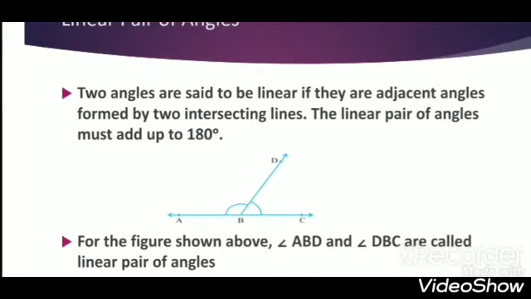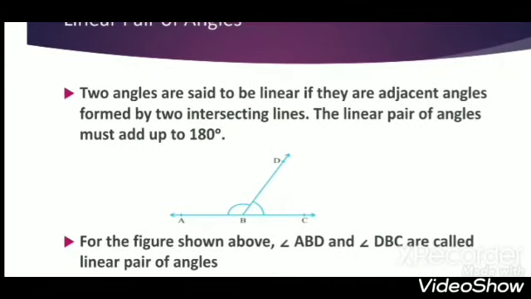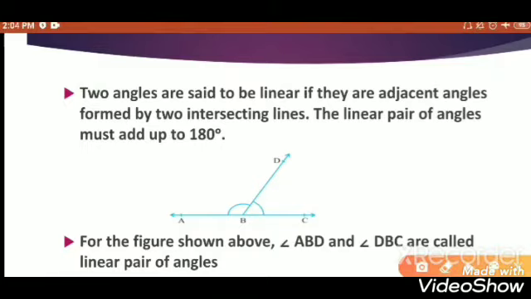Same here: these two angles which are on the line must add up to 180 degrees. Such angles we call a linear pair. If two angles, or more than two angles, have a sum equal to 180 degrees, then those angles are called a linear pair of angles.